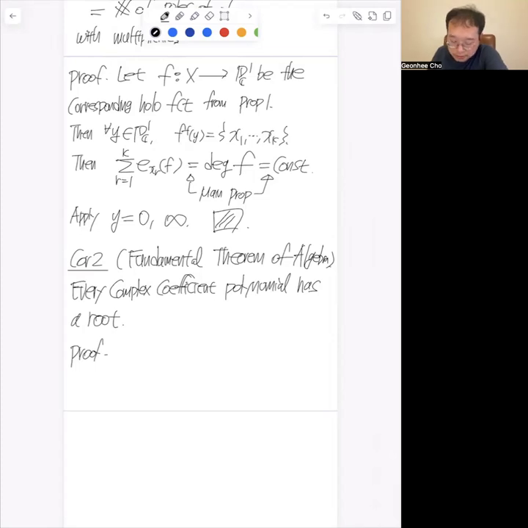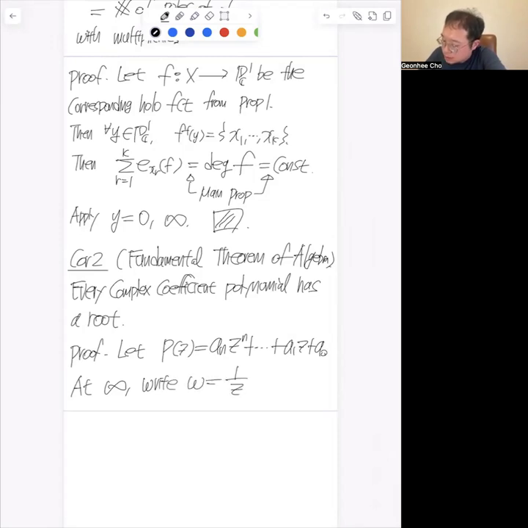So now let's simply say P is the polynomial whose highest degree is n. Let's consider this and look at the information of the pole. At infinity, we are able to write a local coordinate as 1 over w.